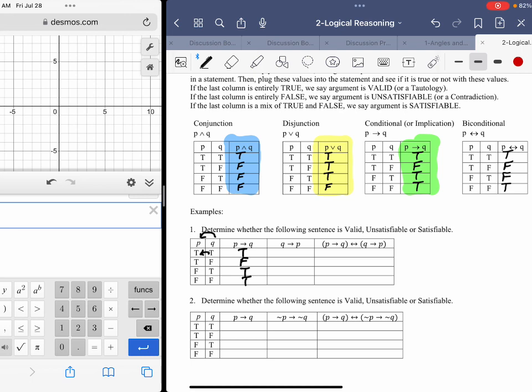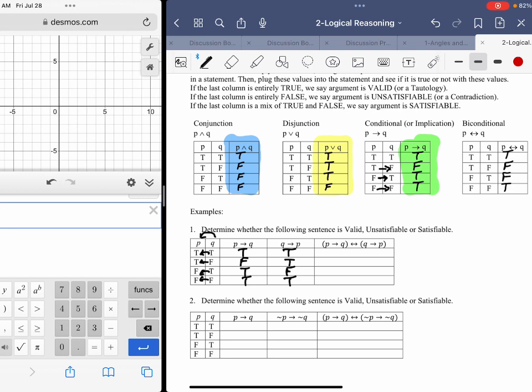True, then true is true, just like you see up here. False, then true is going to be true. So that's this one. True then false, that's going to be false. That's this one here. And false then false gives a true.